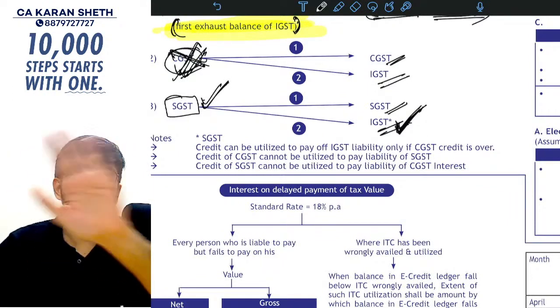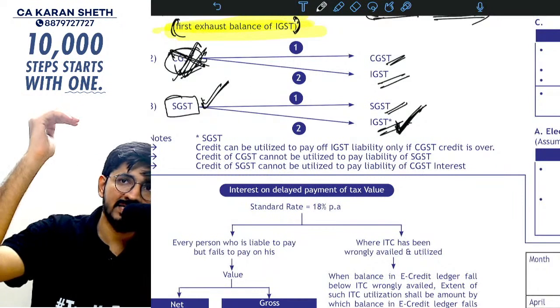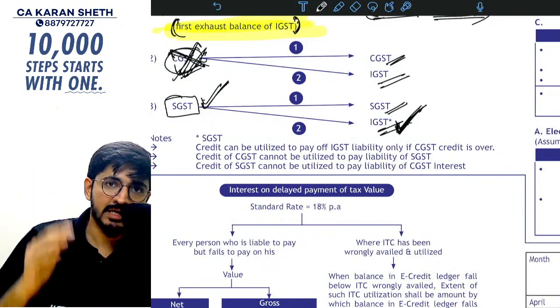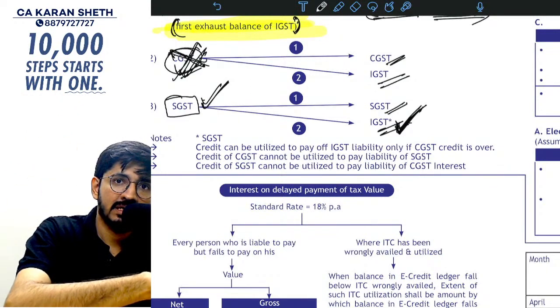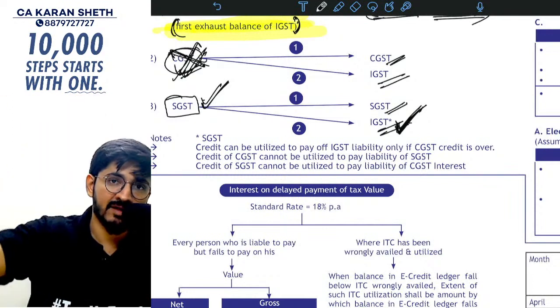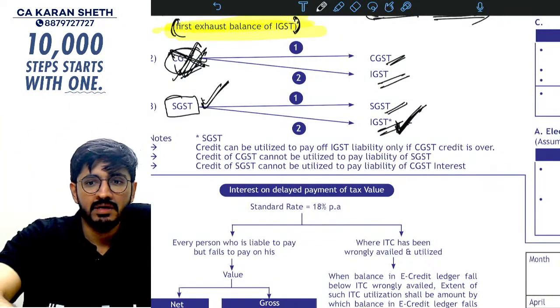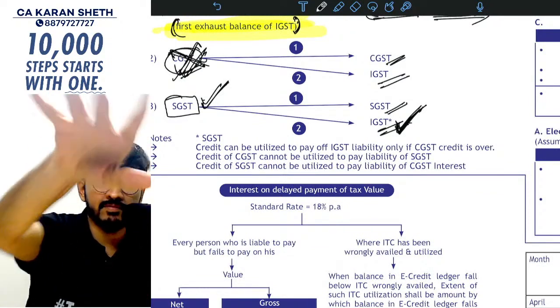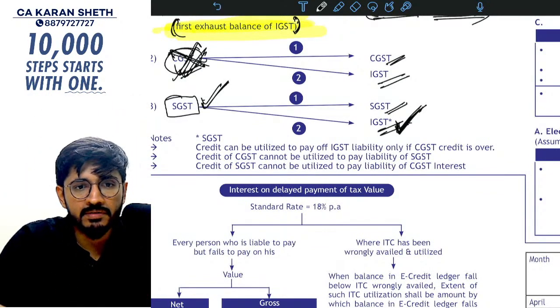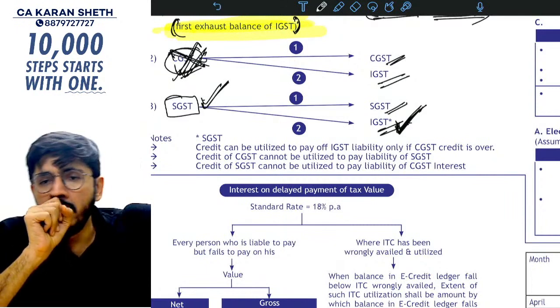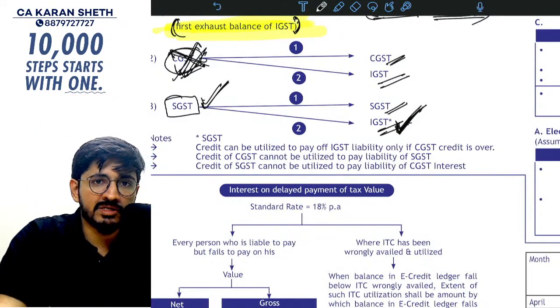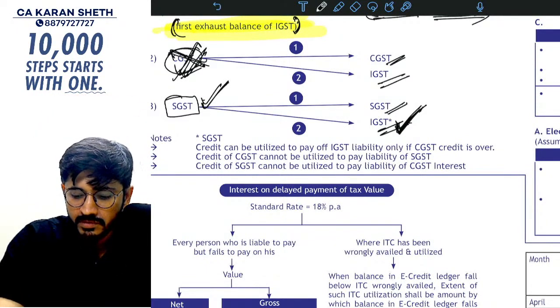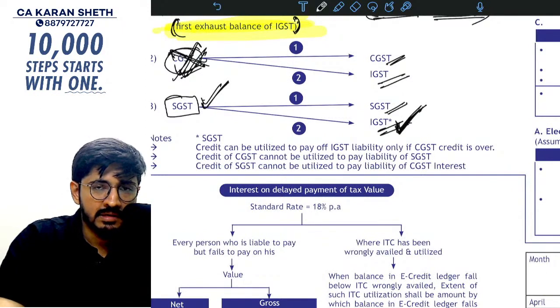So a situation can never happen where you already have ITC of C and S and you are using S and the balance of C is getting carried forward. It will never happen, friends. Never. Got it? That's the magic of the manner of payment of tax.